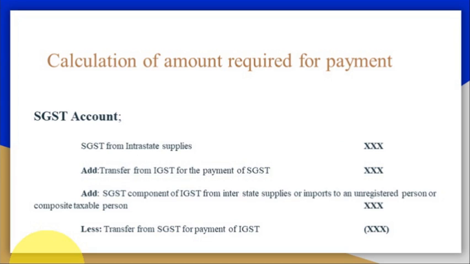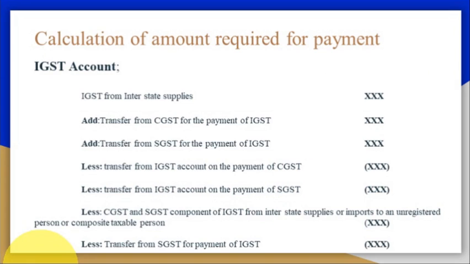The amount would be collected and computed, how much amount was collected for the taxable period, and then the transfer from IGST for the payment of SGST, and then the SGST component of IGST from interstate suppliers or imports to unregistered person or composite taxable person, and deduct transfers from SGST for payment of IGST, and the remaining amount should be carried forward or set off against some other taxes, or they can take a refund. That depends upon the taxable person.